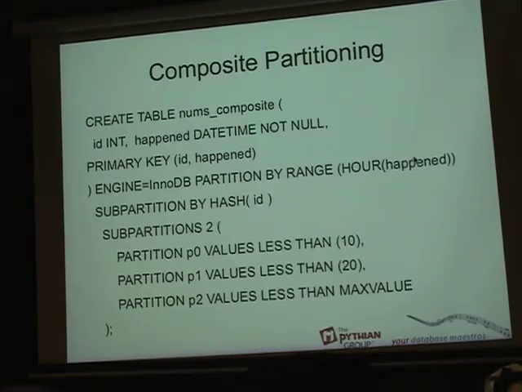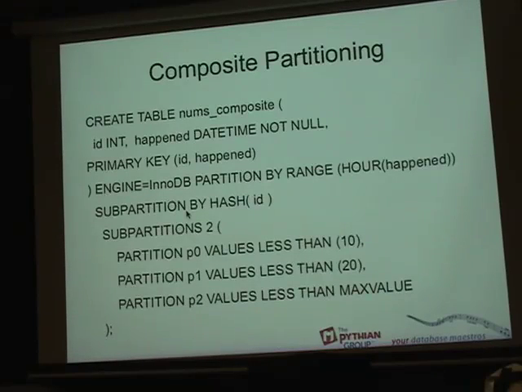Previously I might have something like if the value is less than 10 or less than 20 or less than max value. Then you subpartition by the hash of the ID. So now it's kind of like when you order, you can order by one and then by the next. Same kind of thing. You partition by the hour and then you subpartition by the hash.